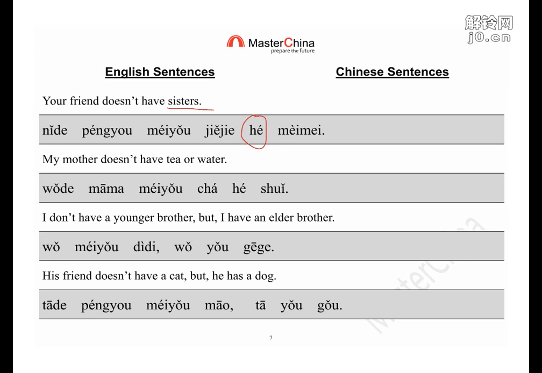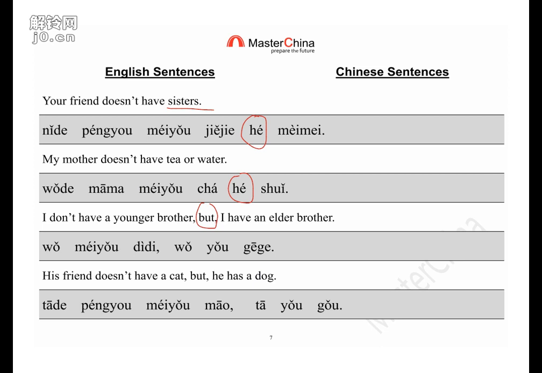Next one. 我的妈妈没有茶和水 Chinese is and tea and water. My mother doesn't have both. Okay. 我没有弟弟，我有哥哥。Here, I said, but it's the conjunction word, so needn't translate.